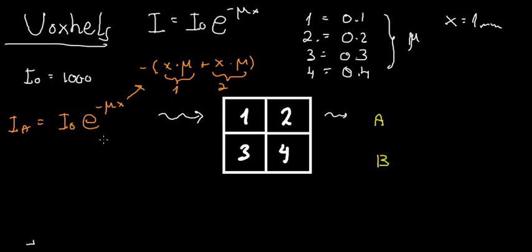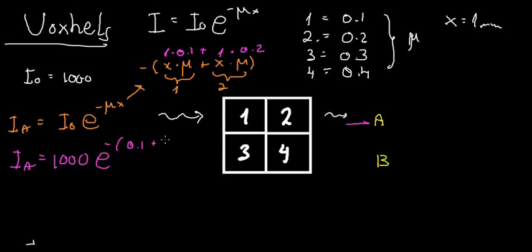I know the distance is 1 for both, so it's not going to alter the number. For 1, my attenuation is 0.1, plus for 2, my attenuation is 0.2. So my intensity at A is equal to the 1,000 units of my initial intensity times e to the negative (0.1 plus 0.2).